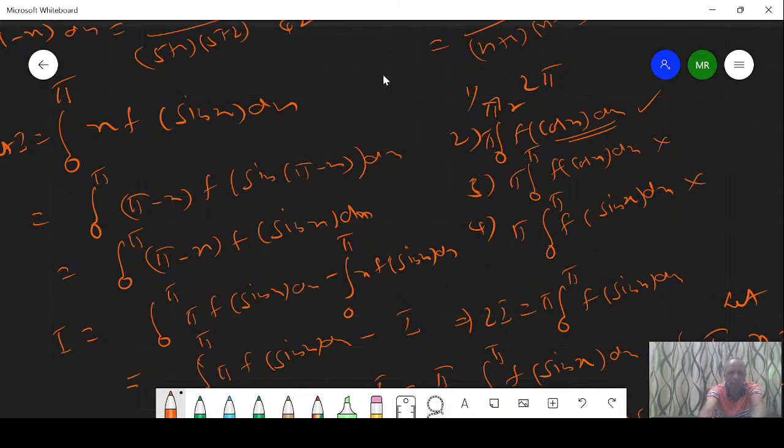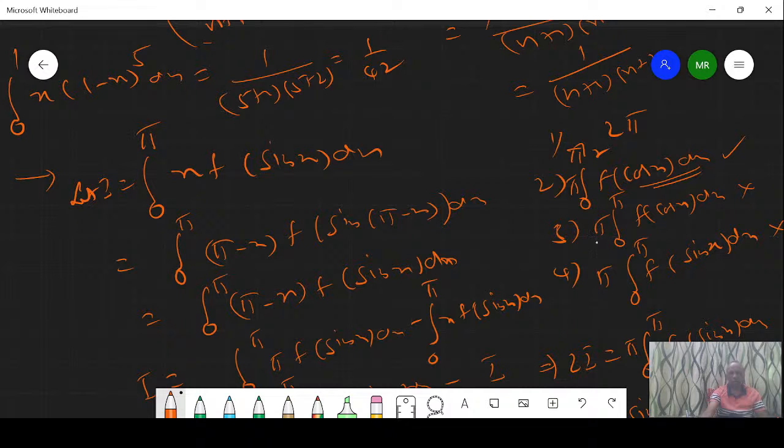The given problem is integral 0 to pi of x into f of sin x dx. Options are 2 pi, pi into integral 0 to pi by 2 of f of cos x dx, pi into integral 0 to pi of f of cos x dx, and pi into integral 0 to pi of f of sin x dx. Replace x with pi minus x.